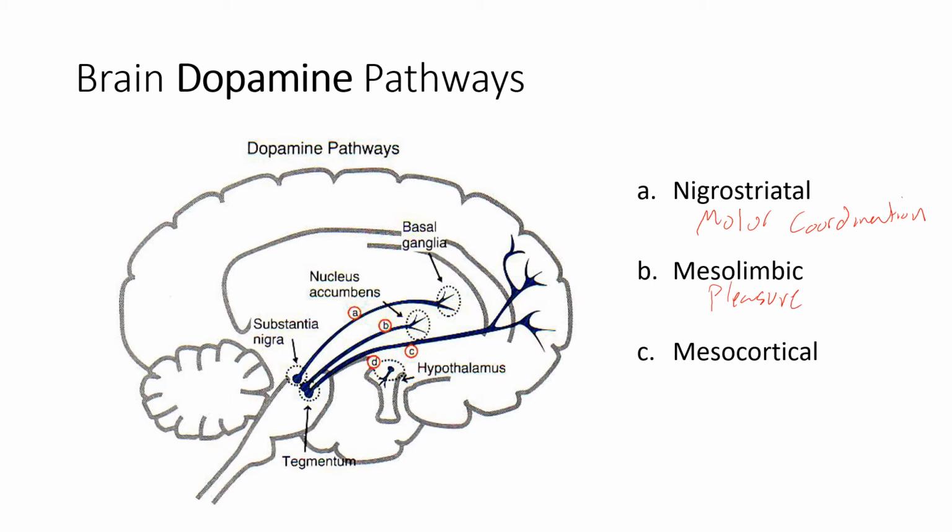And one thing here is increased activity is related to schizophrenia. So remember how before I talked about how if you get an imbalance of dopamine, you actually can have schizophrenia-like symptoms. Well, it's because, again, this pathway is associated with schizophrenia. And then there's the mesocortical, and this one is where you get higher cognitive functioning and attention.